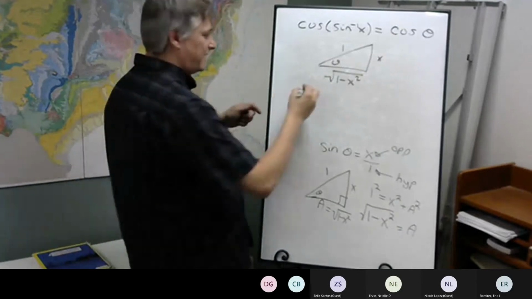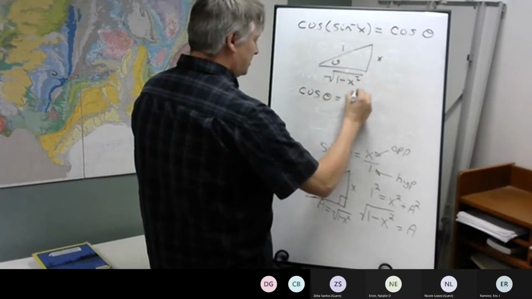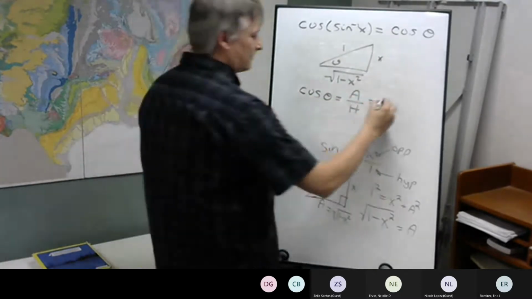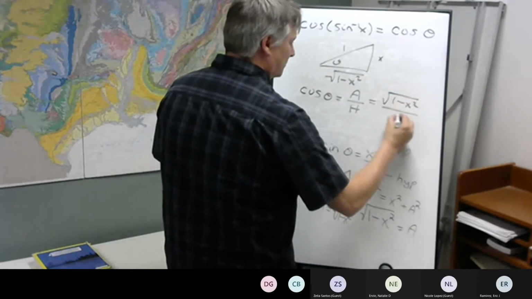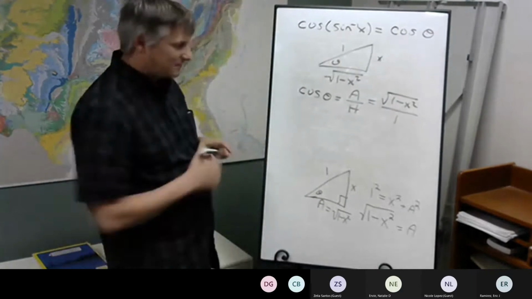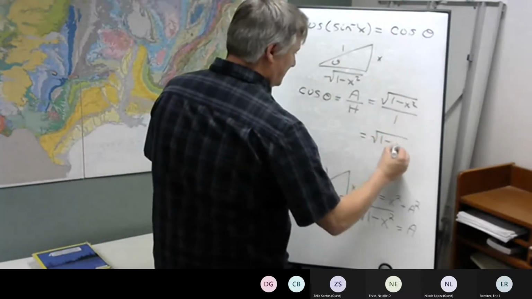So the cosine of theta, which is adjacent over hypotenuse, well, that's the square root of 1 minus x squared over 1, or square root of 1 minus x squared.